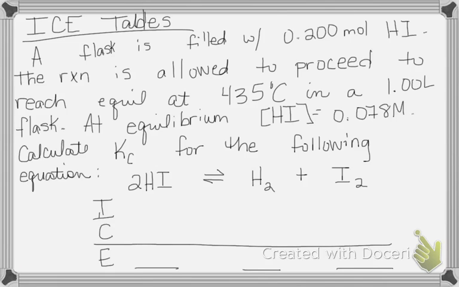If it's filled with 0.2 moles of HI, and it's a 1 liter flask, then isn't that the same as 0.2 molar? Because molar is moles per liter. So the moles and the molarity are the same thing.